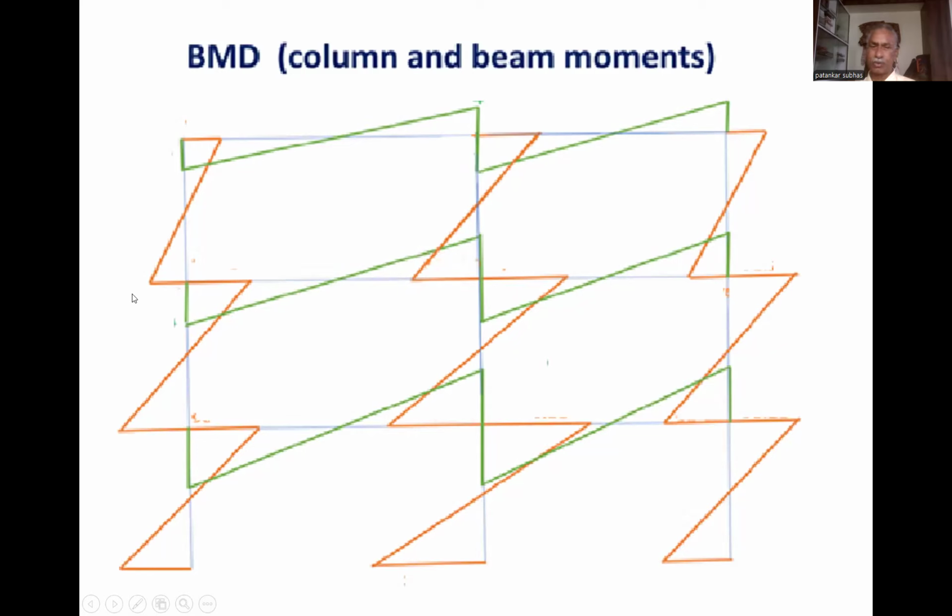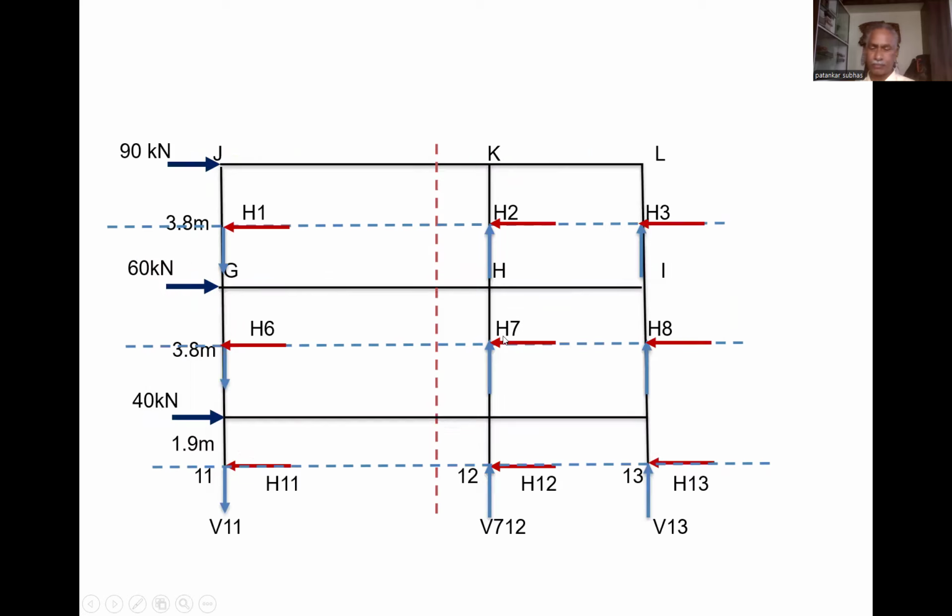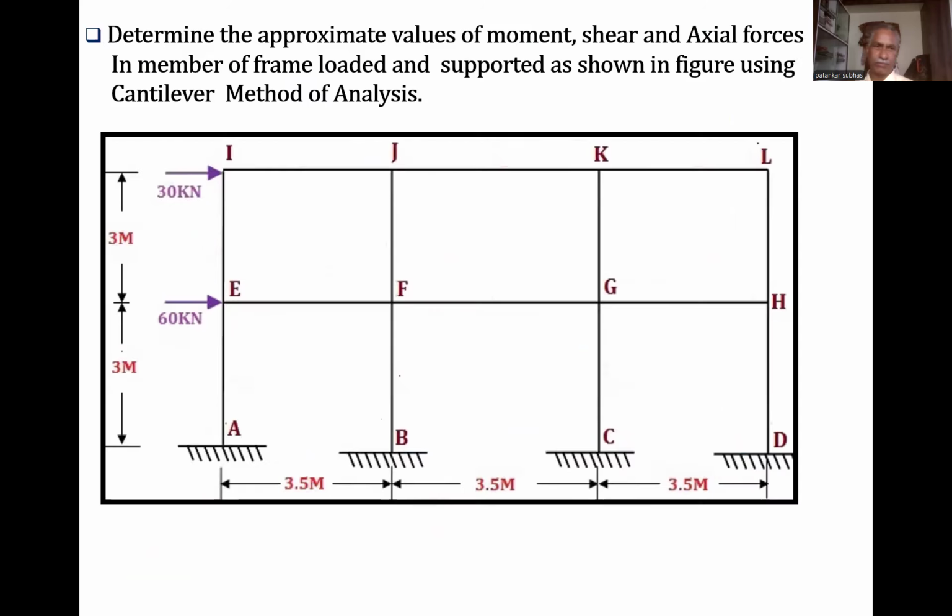Similarly, for the column also, this moment and this moment are the same, and it crosses at the center, because the moment at the point of contraflexure is 0. So this is the bending moment diagram for the column and the beam. In this way we can find the bending moment, shear force and axial force in the column and the beam.